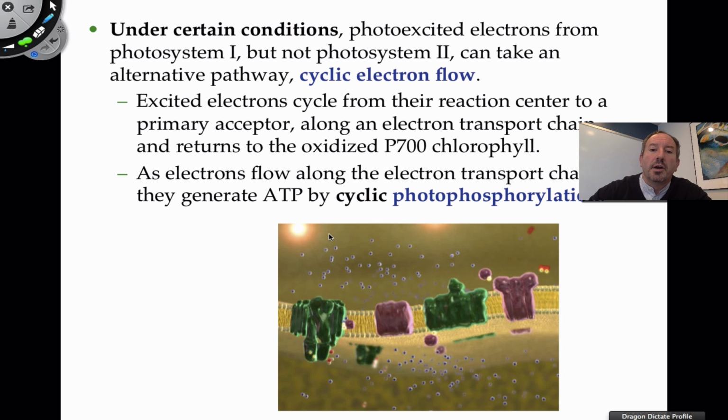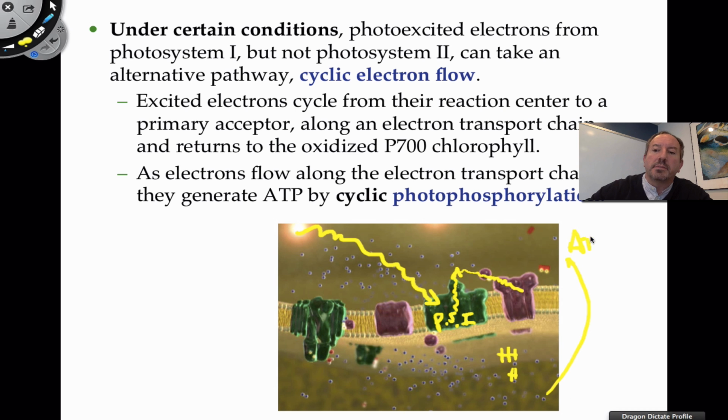And as it turns out, when the light comes down, let me sort of animate it to make it maybe more friendly. So when the light comes down and it strikes photosystem I, the P700, what happens is the electrons get excited, and instead of being pulled along the electron transport chain and then ultimately reducing NADP to produce NADPH, the electron transport chain carries the electrons down, which then allows the protons to accumulate, which then allows the plant to make ATP.